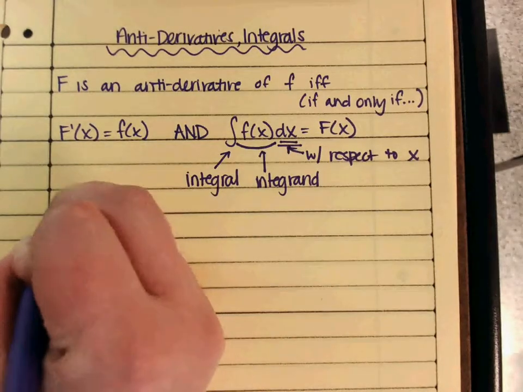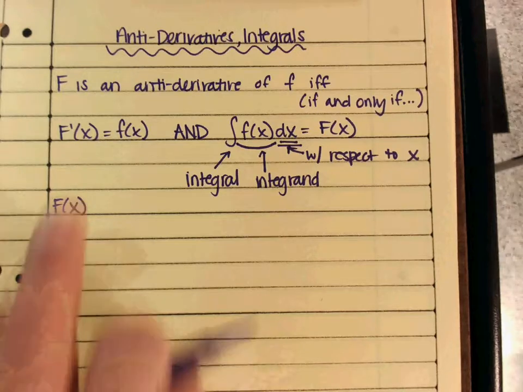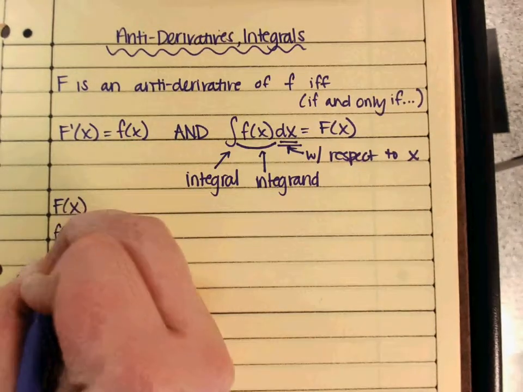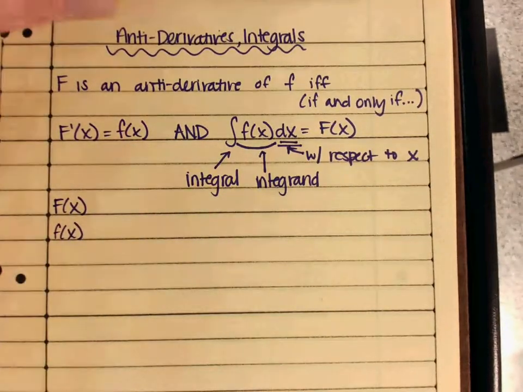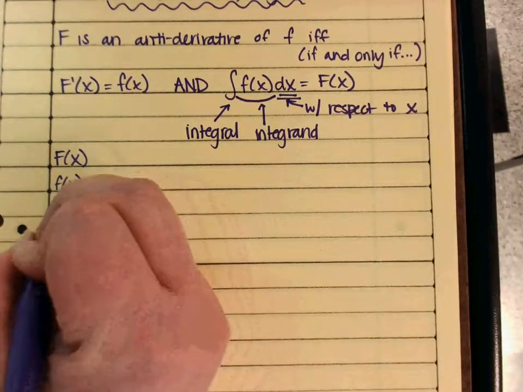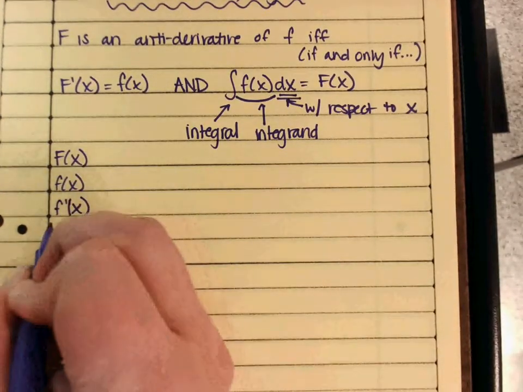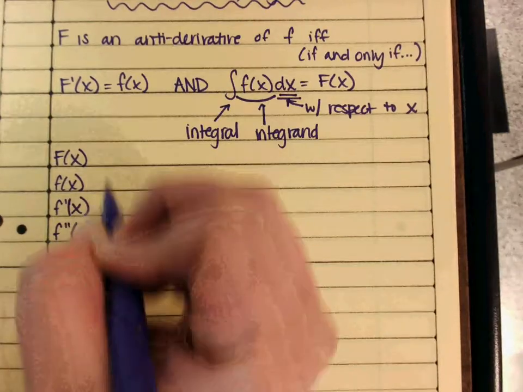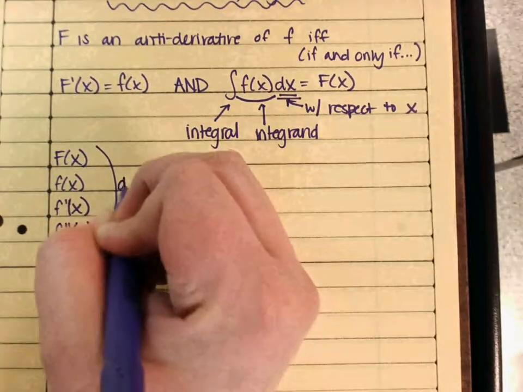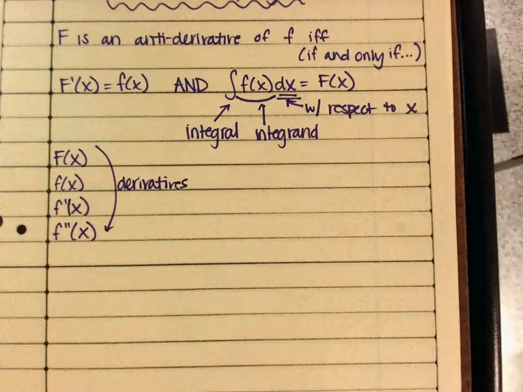Okay? Now, just to run you through some notation things here. Capital F of x. When I take the derivative of that, I get normal f of x. What would I get if I took the derivative of that? You already know this. F prime. And what about if I took the derivative of that again? F double prime. So when I take derivatives, I would go down that list.